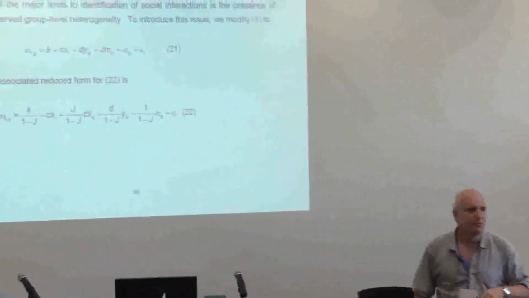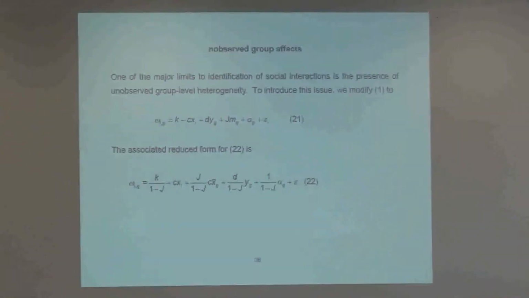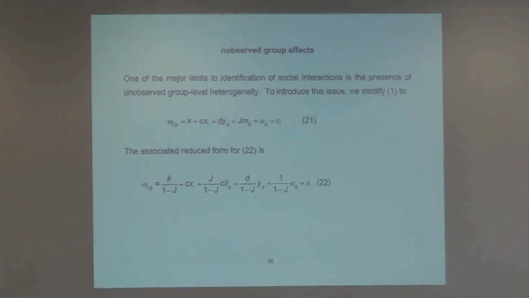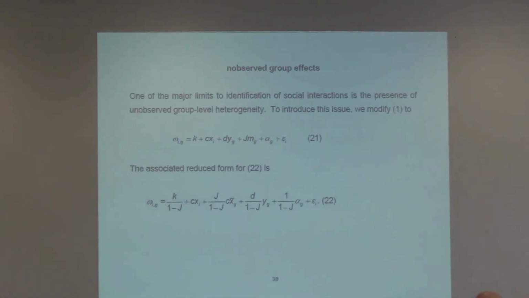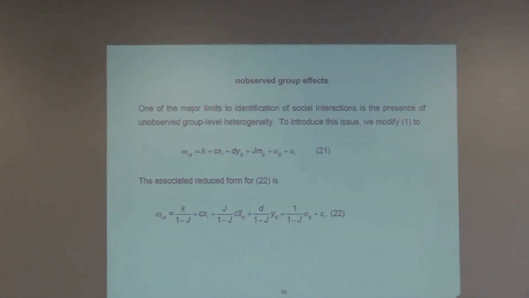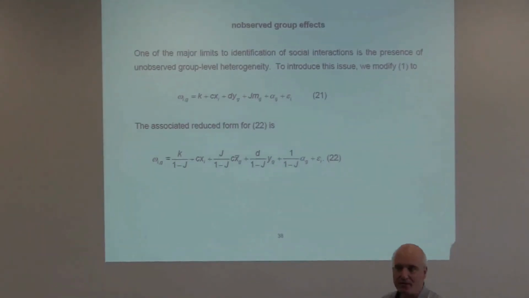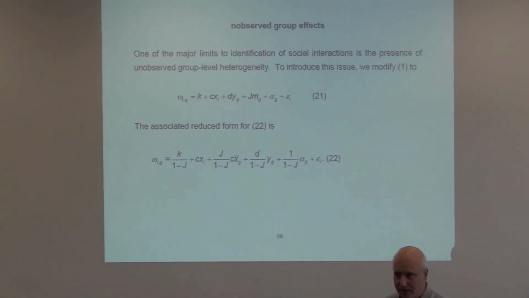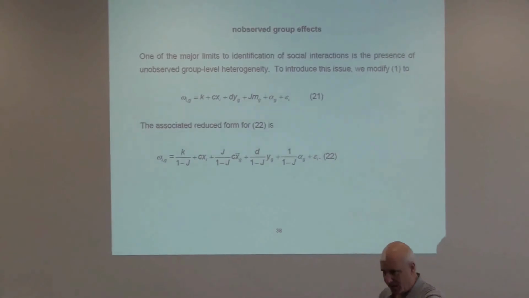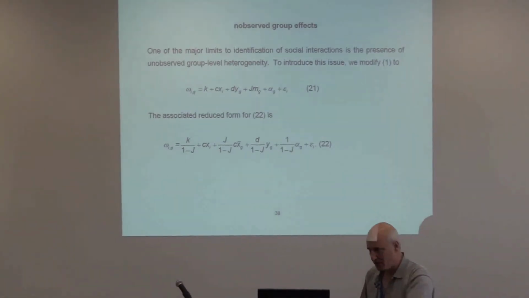What I could do is start off with my linear social interactions model, and when I say I'm going to introduce group-level heterogeneity, the easiest way to do that is to have a group fixed effect. I gave an example intuitively: if I have children in classrooms, one of the unobserved variables is teacher quality. We'll think of teacher quality as a common shock to each of the students.